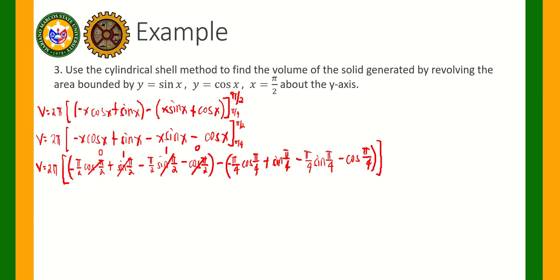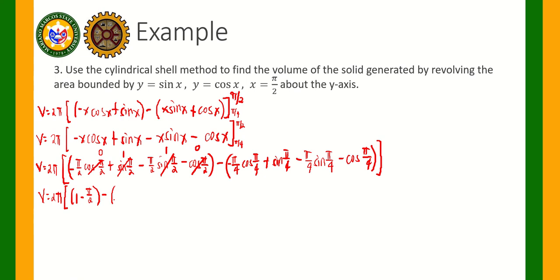Now, for cosine pi over 4, dito na lang sa baba. V is equal to 2 pi times, since this is 0, we can cancel that out, and then 1. This is equal to 1. And then, since this is 1, minus pi over 2. And then, this is equal to 0, so we can just not write it.